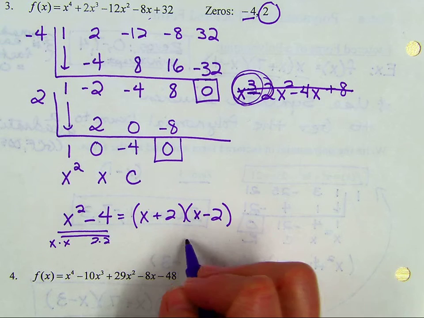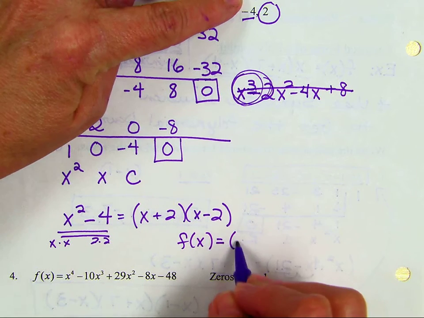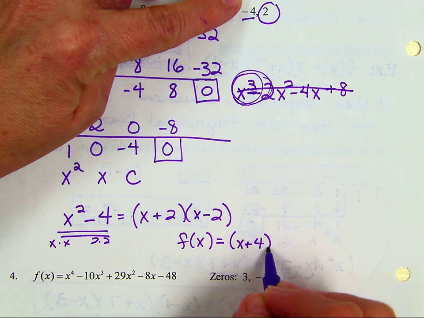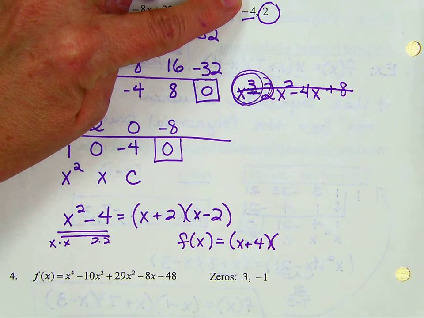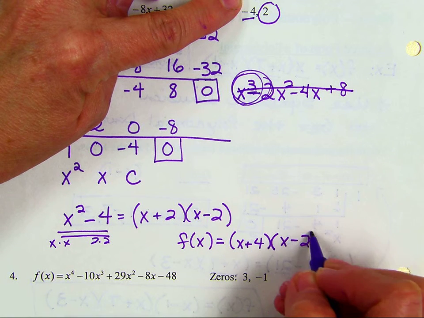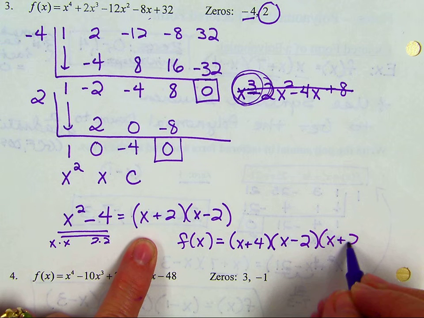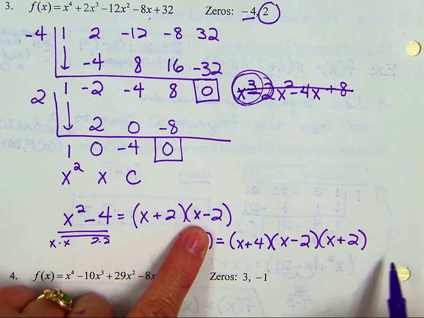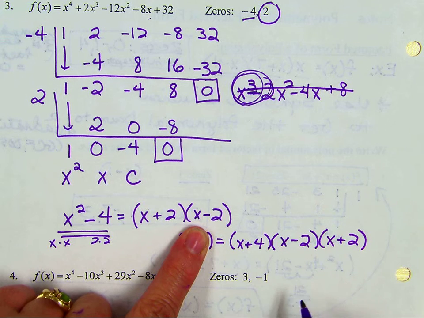So f of x equals x plus 4 times x minus 2 times x plus 2 times x minus 2, but since I already have x minus 2 written here once, let's just put a squared there.